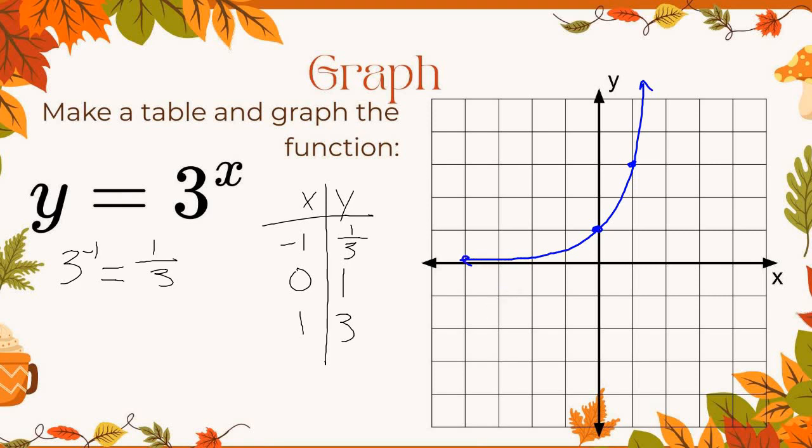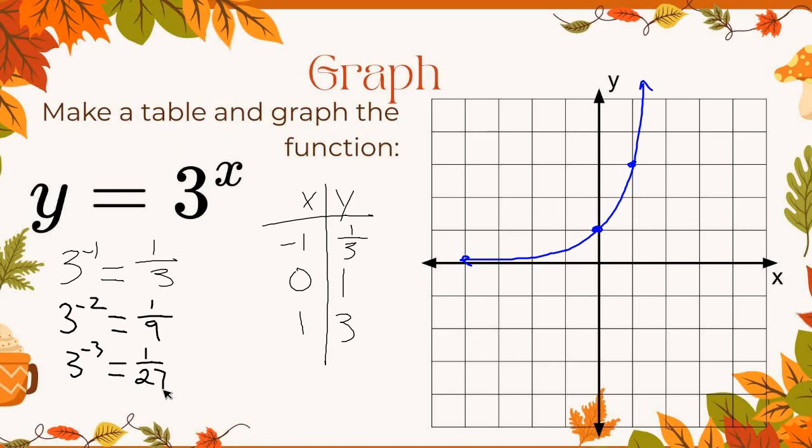Because as I make this more and more negative, this would be a 1/9. This would be a 1/27, and so forth, right? So we're going to get a bigger and bigger denominator, which makes it a smaller and smaller fraction. So that's why it gets smaller and smaller and smaller. Questions on that?